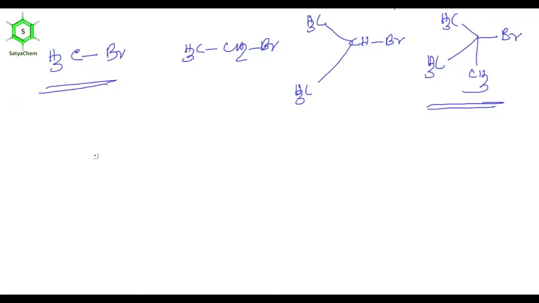Now during SN2 reaction, the transition state becomes relatively more crowded. Just try to remember the geometry of the transition state in the SN2 reaction, which is pentacoordinated.